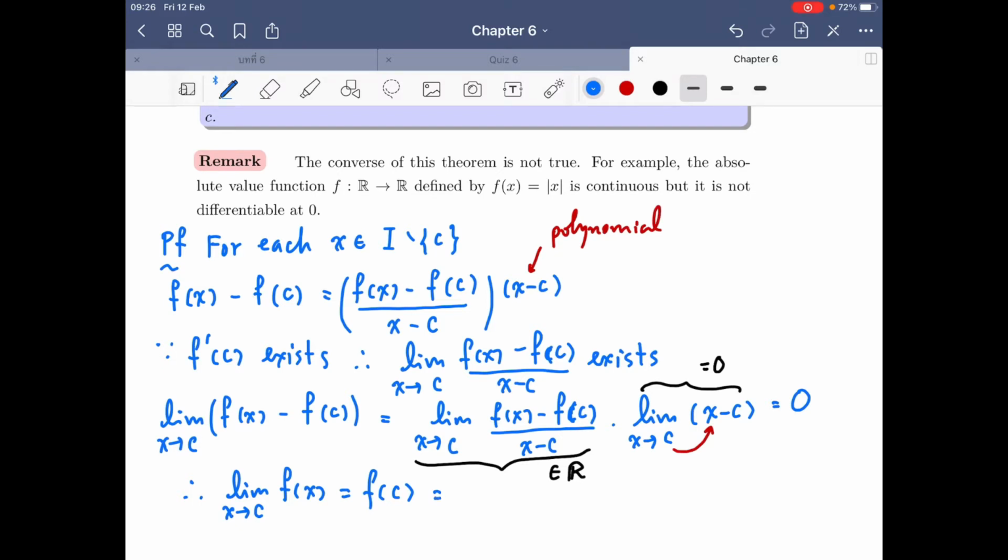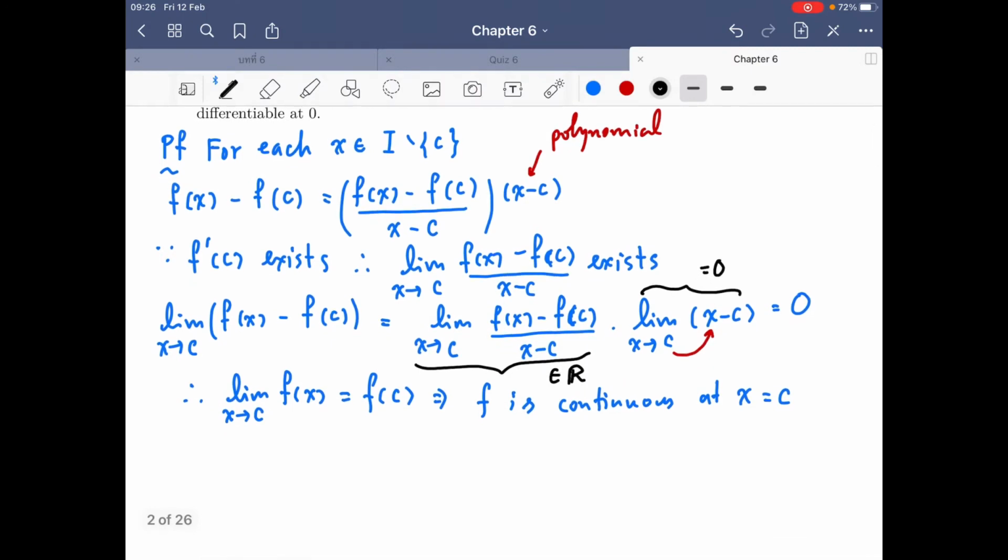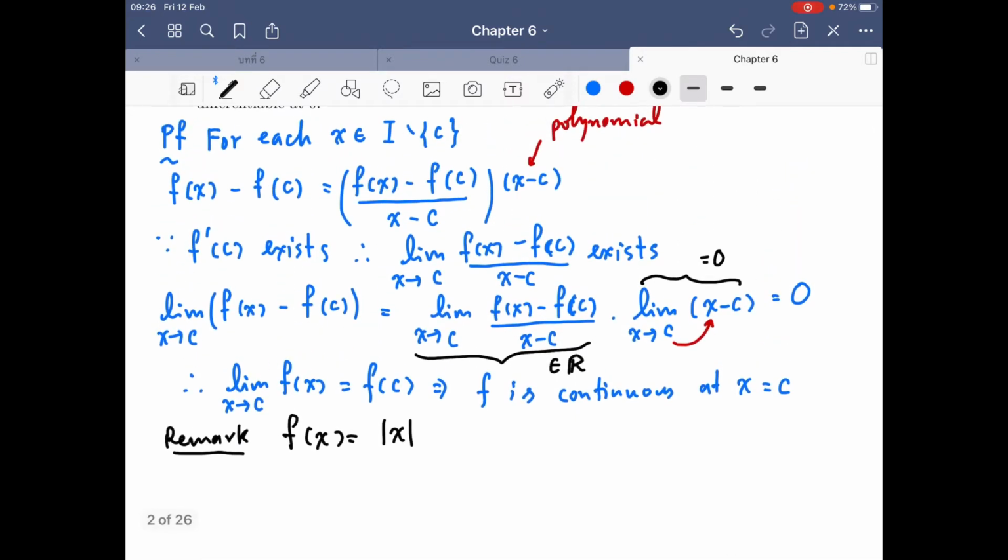Okay, so it means that your f is continuous at x equals c. Now if you look at the remark, if your f is simply the absolute value of x, you should know that the graph of this function looks like a V shape that has a 45 degree angle with your x-axis.